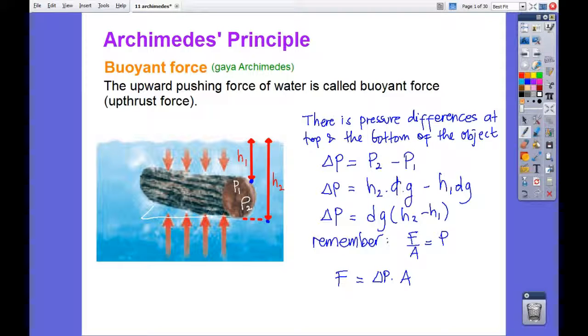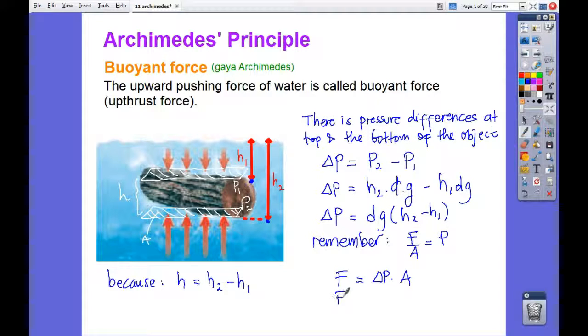Let's imagine this log is a rectangle like this, or a block. It has base area A and it has top area also A, and it has height h. From this information, if you want to find h, we can subtract H2 by H1.